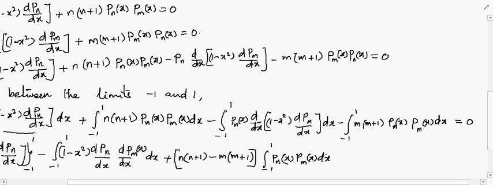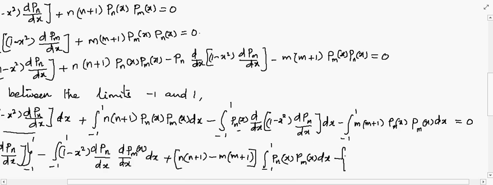Again by integration by parts, we will be getting minus of uv. So this Pn of x is your u, and 1 minus x square into dPm by dx is v.